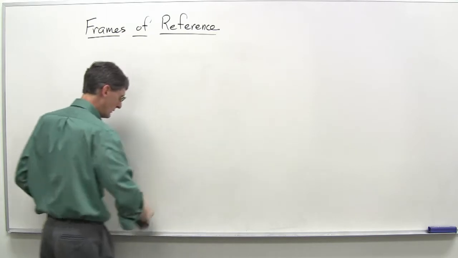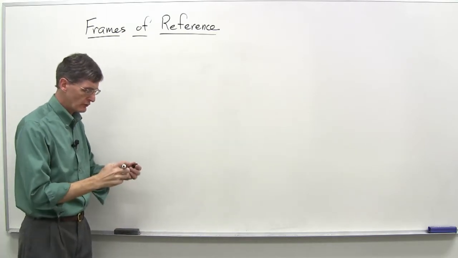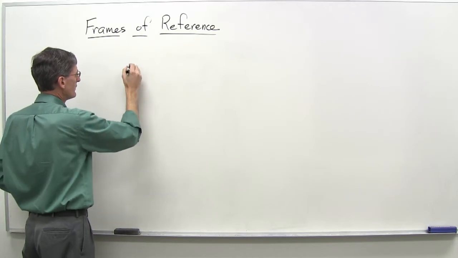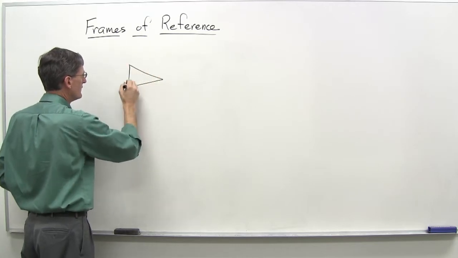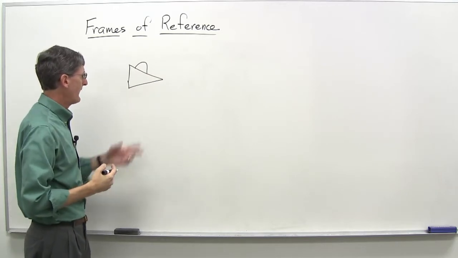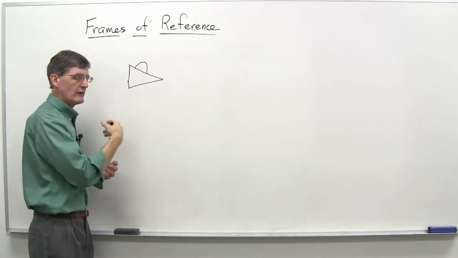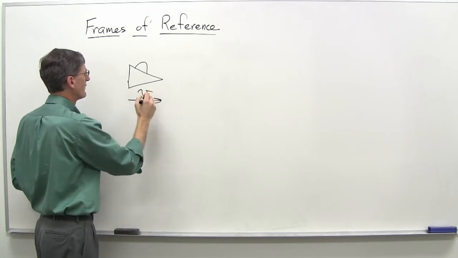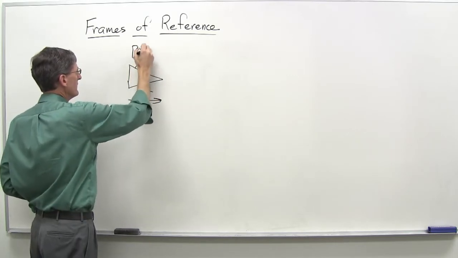Let's say we've been talking about Bob and Alice. So let's go back to Bob's spaceship here. So here's his spaceship with his cockpit. And Alice is observing him, so maybe he's going by with some velocity v.